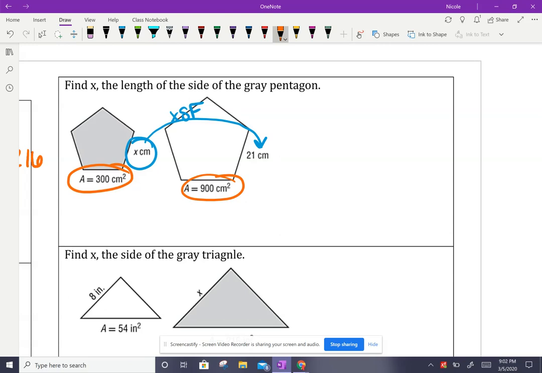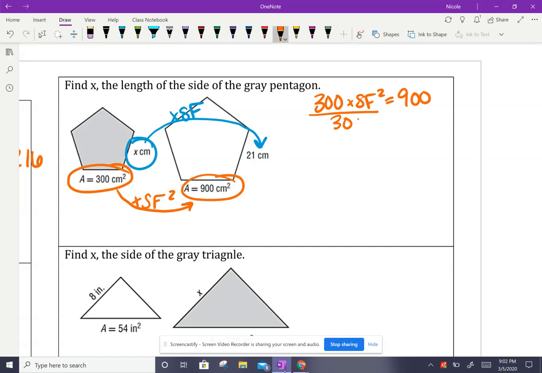So this time, I'm going to compare my areas first in order to find the scale factor for my side lengths. So I'm going to compare 300 centimeters squared to 900 centimeters squared. I know I'm going to multiply that by scale factor squared, so I'm going to do 300 times scale factor squared equals 900.